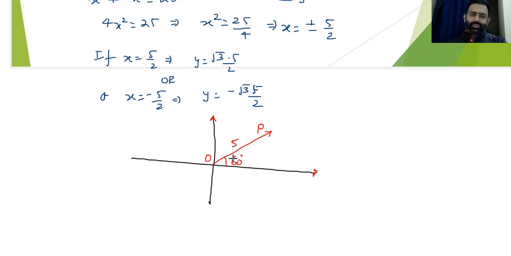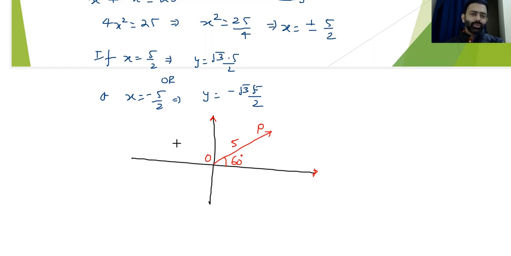If the vector is in the first quadrant, that means both the x component and y component are positive, right? If theta is, let us say, obtuse, then you are in the second quadrant, and if you are in the second quadrant, it means x is negative and y is positive.